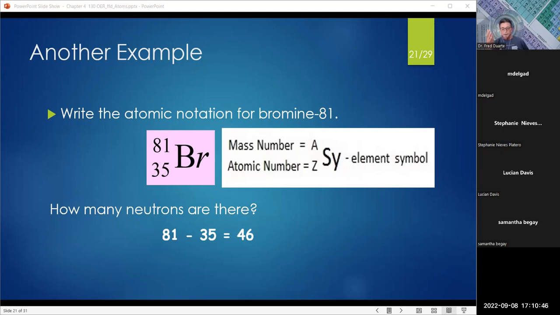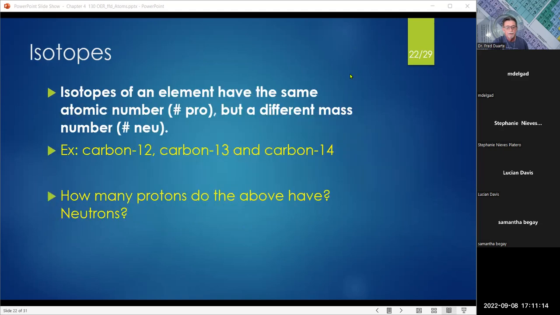Zero for the most common hydrogen, one for what we call hydrogen 2, and then two for hydrogen 3. These are used in what we call heavy water, deuterium and tritium. Anyway, they only differ from each other by the extra neutrons, which does have an effect on their properties too. All right, so isotopes.